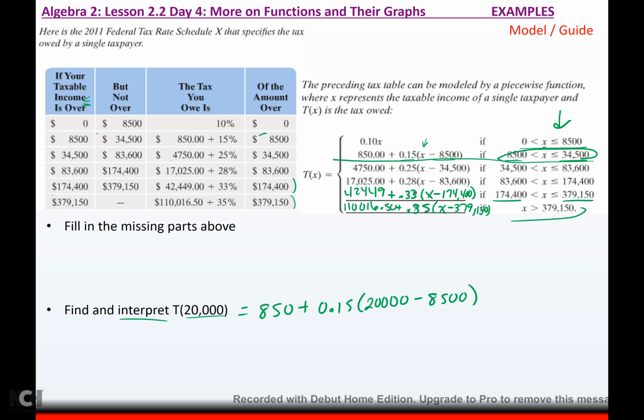So if I type that in, 850 plus 0.15 parentheses 20,000 minus 8,500, you get $2,575. That will be the tax that you owe for earning that much money. Nice, right? You earned it. You've got to pay taxes on it. Kind of sucks, but that's our country.